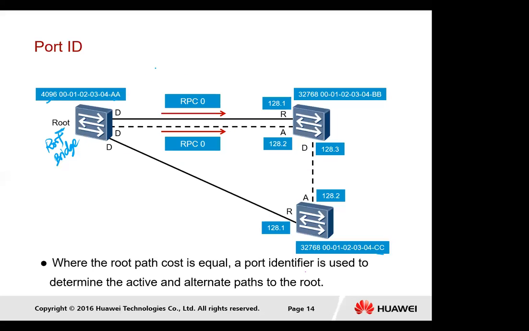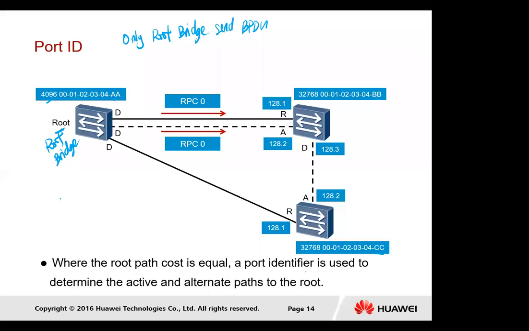When you are the root bridge, only the root bridge sends the BPDU. The rest are just forwarding BPDU. The root bridge generates the BPDU out from its interfaces. All the non-root bridges are just forwarding the BPDU itself.